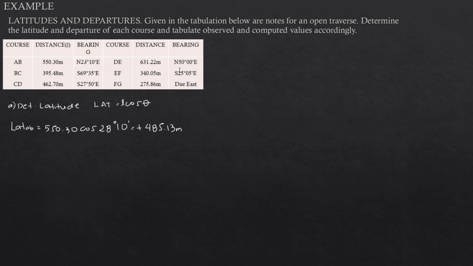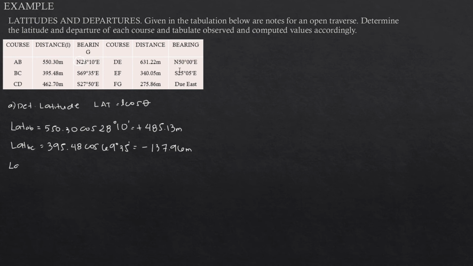So, meron tayong positive 485.13 meters. So, latitude natin sa BC, so meron tayong given distance na 395.48 times cos, bearing natin is sa south, so meron tayong 69 degrees 35 minutes. So, south siya, so negative. Answer is 137.96 meters.